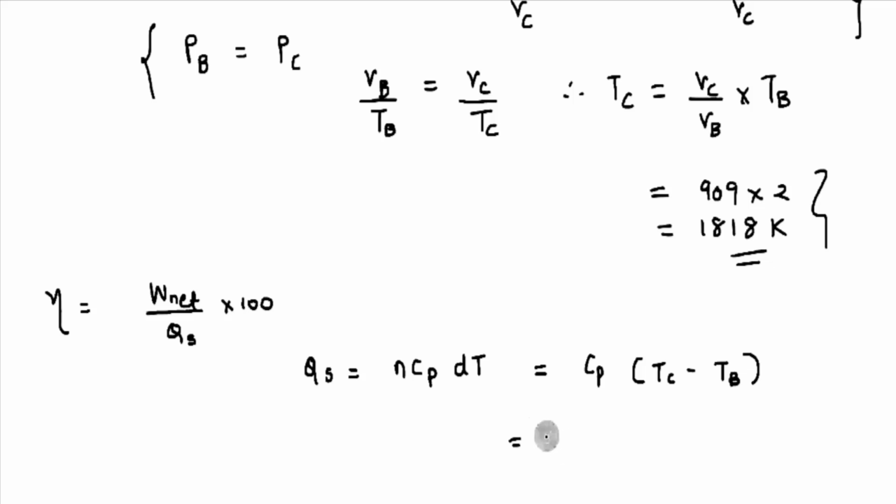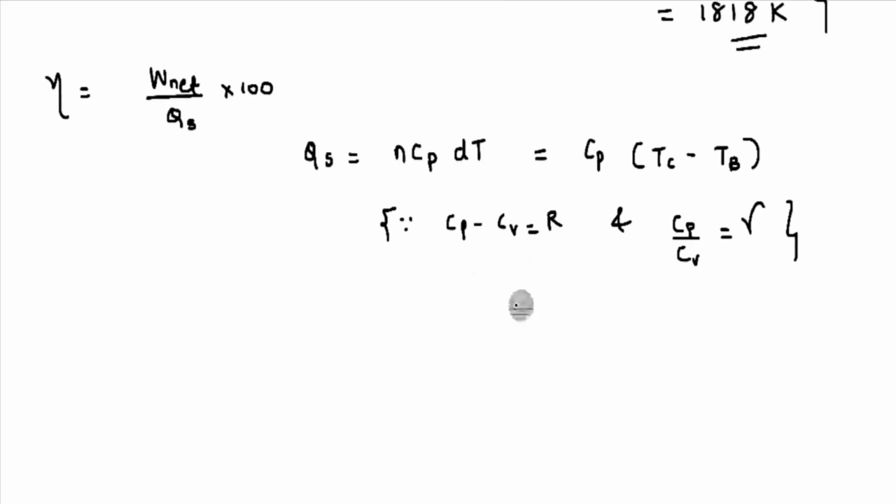Cp can be written, since we know the relation, that is Mayer's relation, Cp minus Cv is equal to R, and we know Cp by Cv is equal to the adiabatic index. From here, instead of Cp we can write R gamma upon gamma minus 1, that is adiabatic index minus 1, into Tc minus Tb.